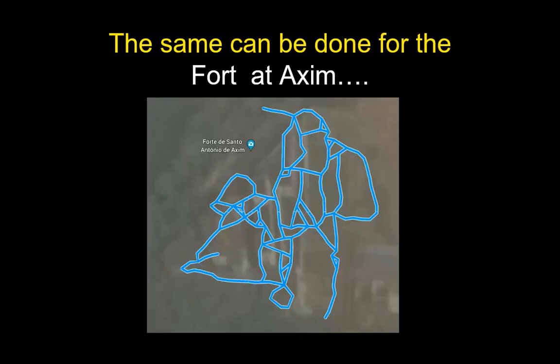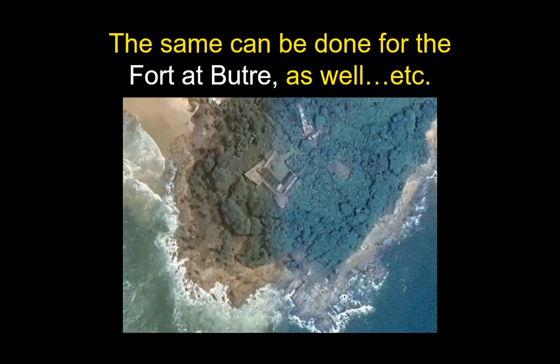Very extensive views available in a similar panoramic technology used in Google Earth. It can also be done for a fort at Butre, which is really quite fascinating and very important to realize what it's like to be a ruined castle. This one has not been restored and can't be viewed from the vantage point of a tourist, but more of a forensic archaeologist.